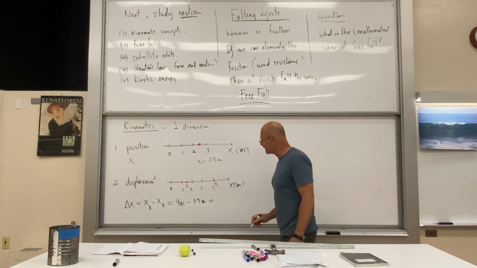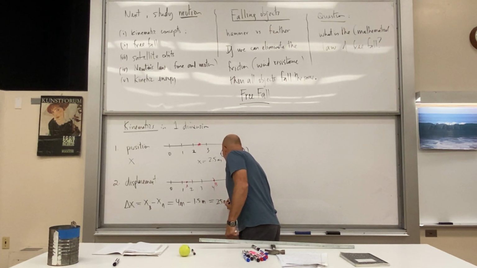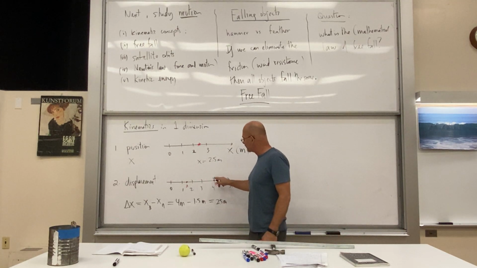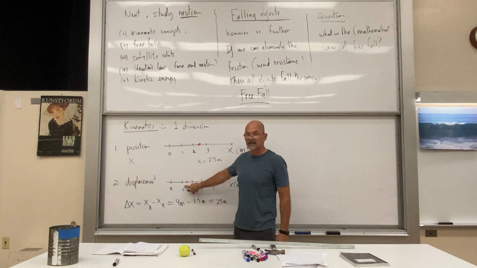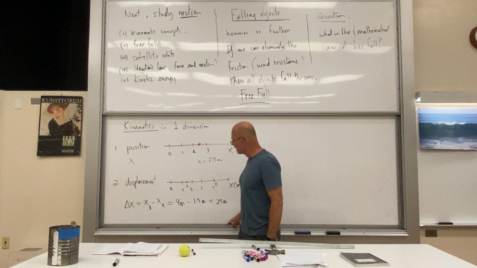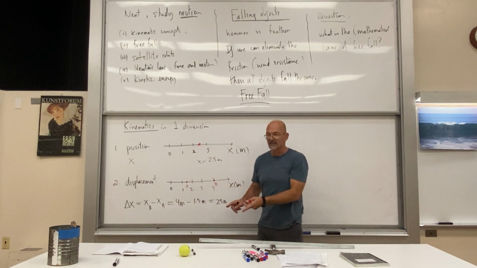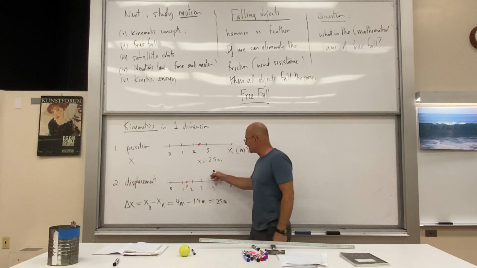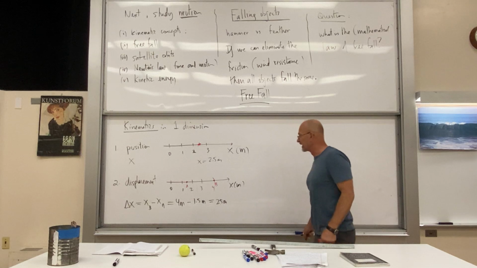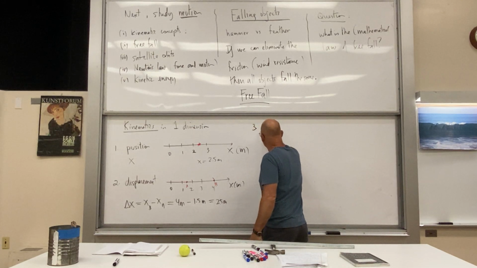So the displacement was 2.5 meters to the right. But if I started at B and went to A, then it would have been X_A minus X_B, and it would have been minus 2.5 meters. So the displacement can be positive in one direction, and negative in the opposite direction. But that's the displacement. And now we get to velocity.